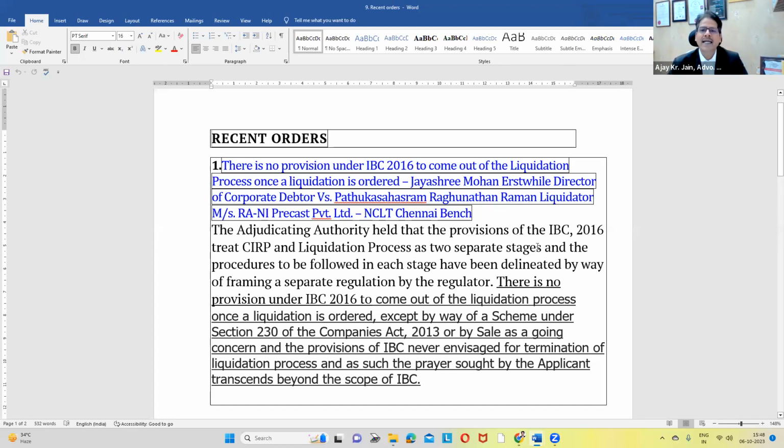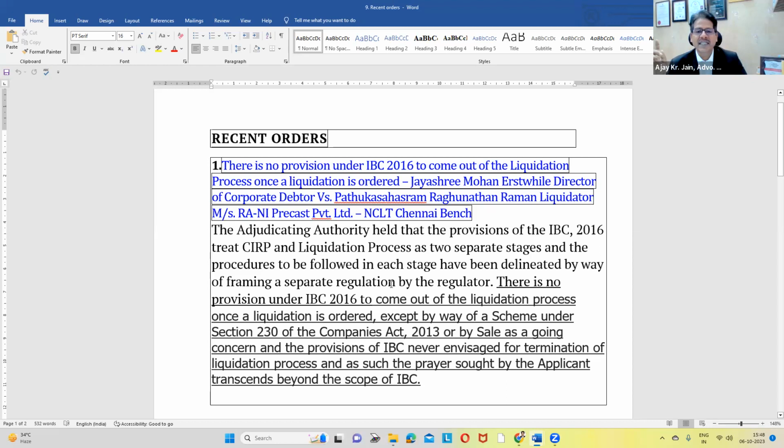The adjudicating authority held that the CIRP and the liquidation process are two separate stages, and the procedure to be followed in each stage has been delineated by separate regulations framed by the regulator. There is no provision under the IBC to come out of the liquidation process once liquidation is ordered, except by way of a scheme under section 230 of the Companies Act or by sale as a going concern.